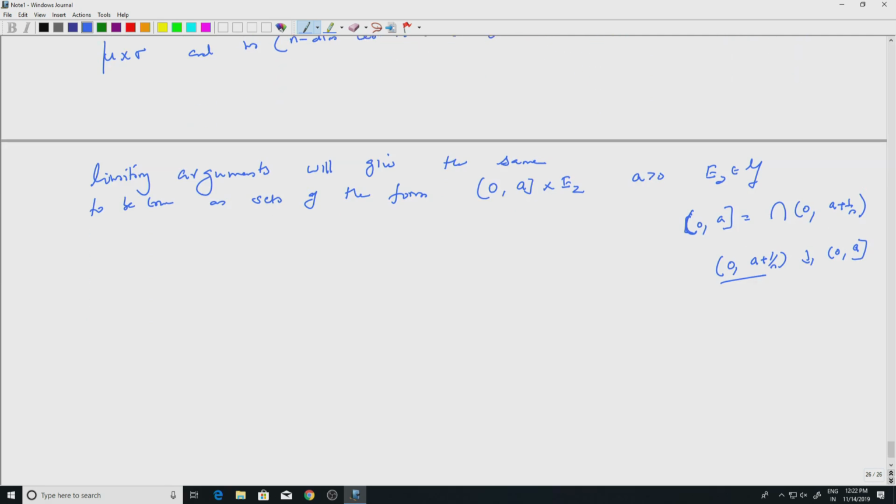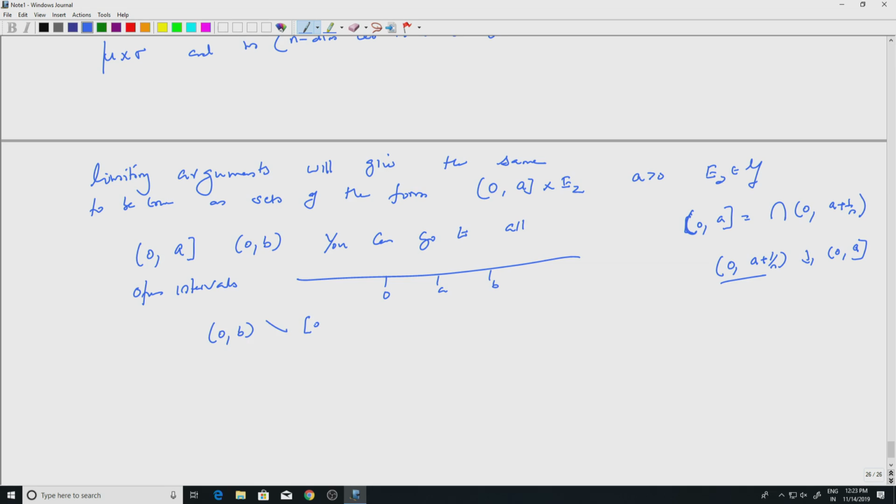Now from (0,a) and the open interval (0,b) you can go to all open intervals, by subtraction. If 0 is here, a is here and b is here, you subtract (0,b) and (0,a), you will get (a,b).